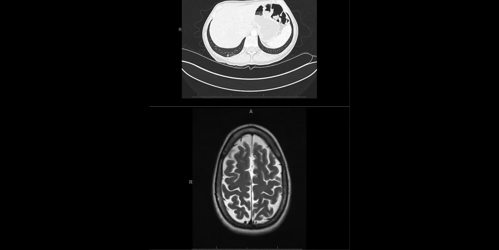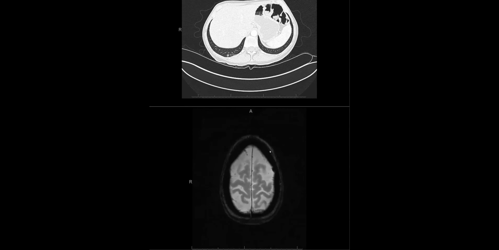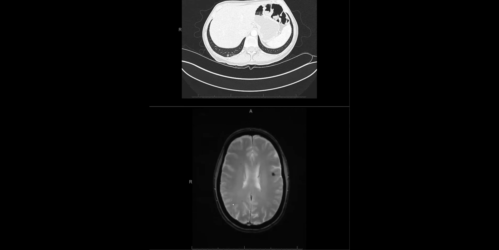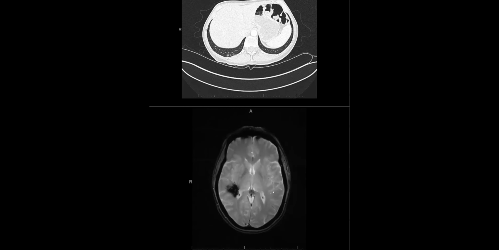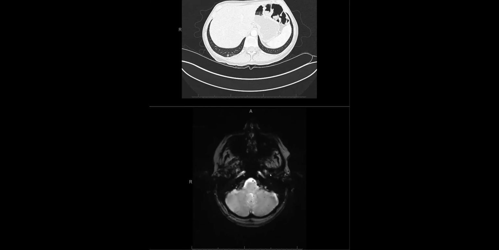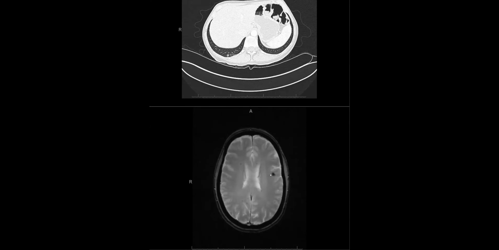CCM in the brain is typical, and I'll show you the MR sequence that's heme sensitive. You'll notice all of these little blooming artifacts everywhere you look, and those are evidence of cerebral cavernous malformations of the brain. So this is CCM, and we wrote this up as a paper.